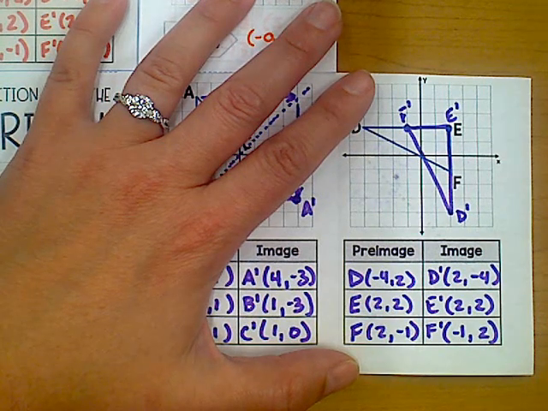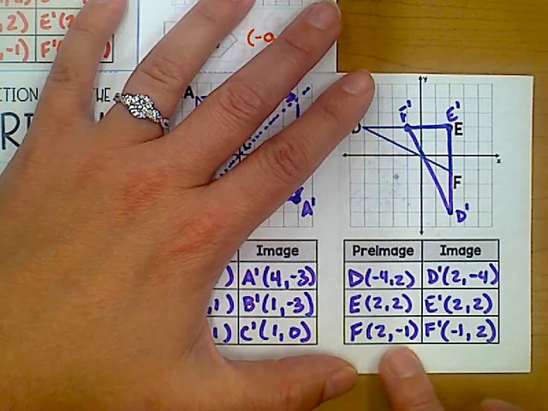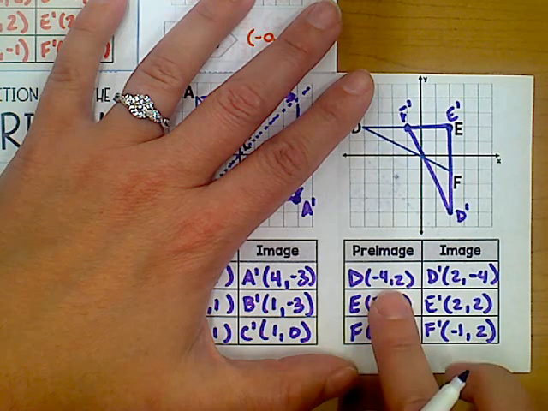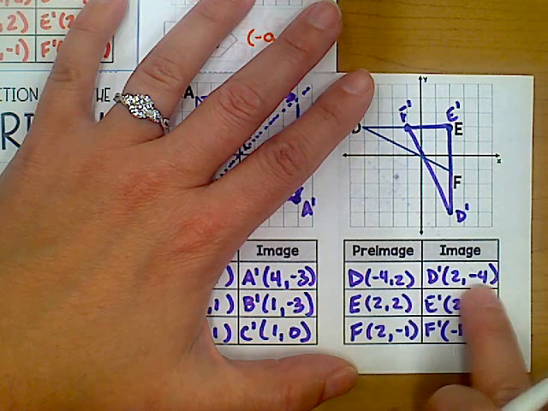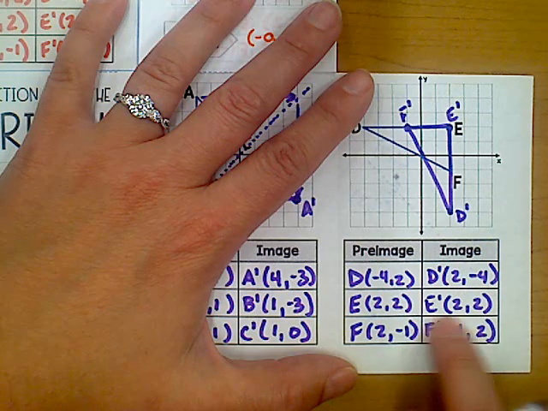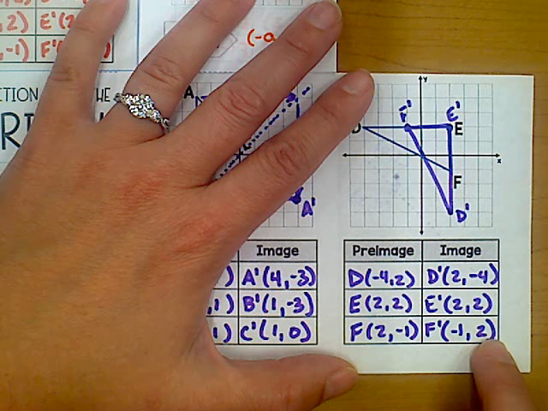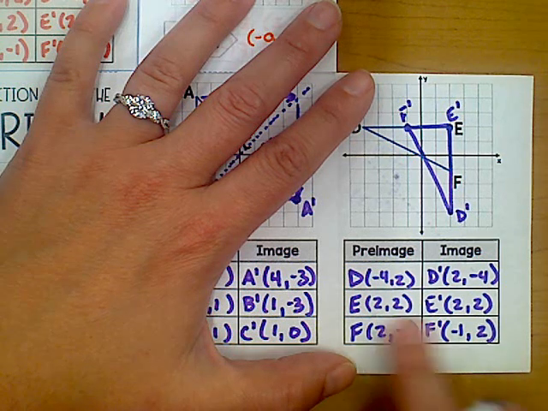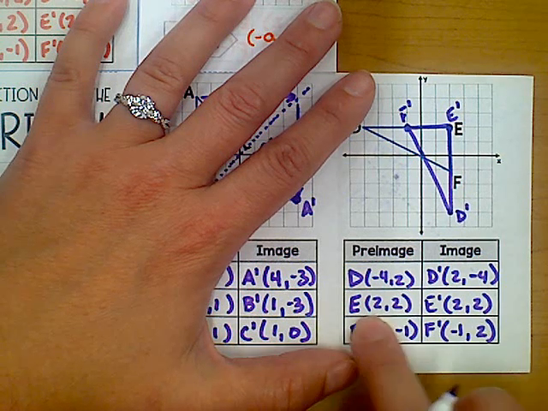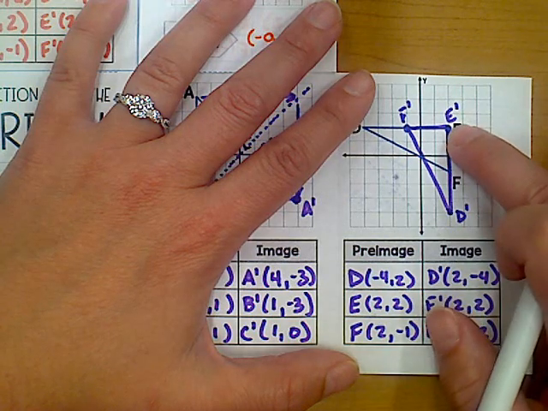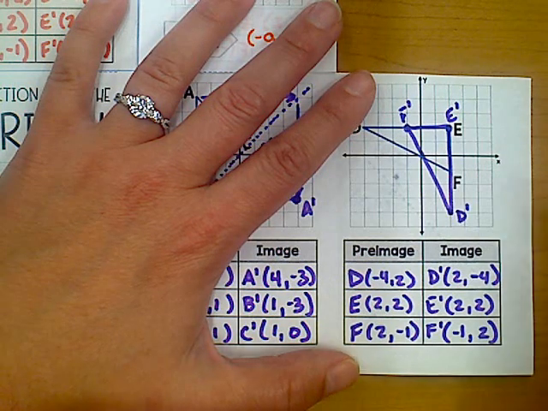Okay, this is what I got for DEF. So I have my D prime is 2, negative 4, E prime is 2, 2, and F prime is negative 1, 2. Now, what I'm hoping some of you notice is, well, wait a minute, E and E prime are at the same spot. And when we look at that on our triangles, it did end up there.